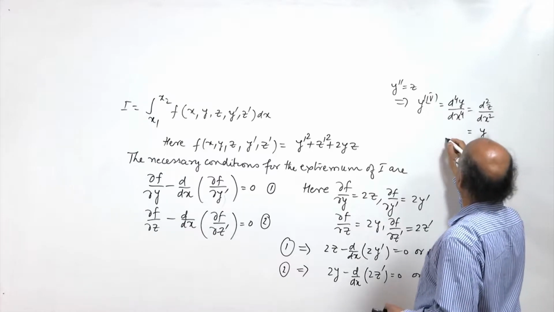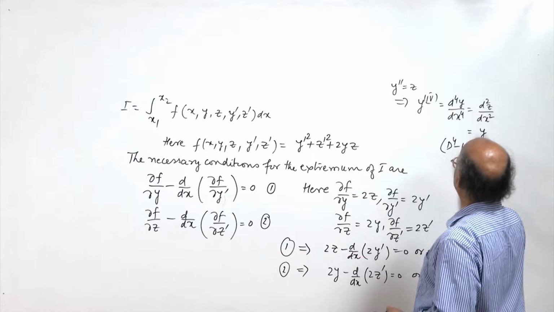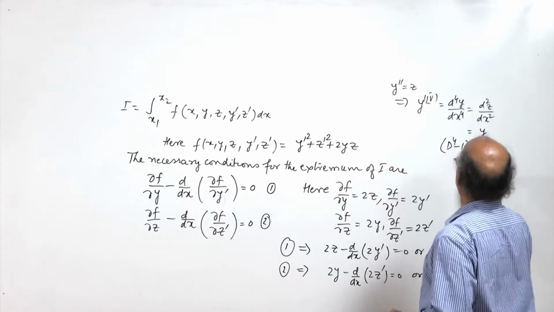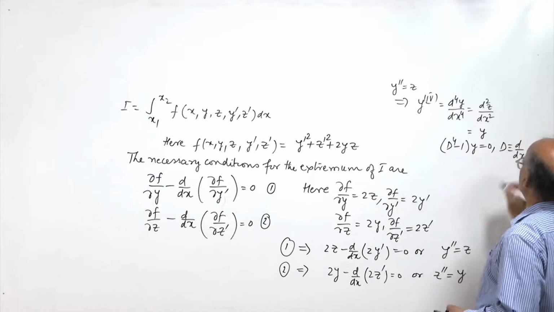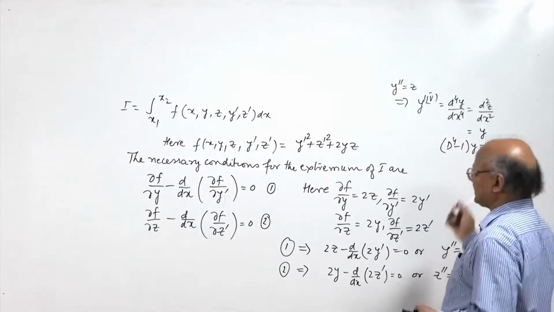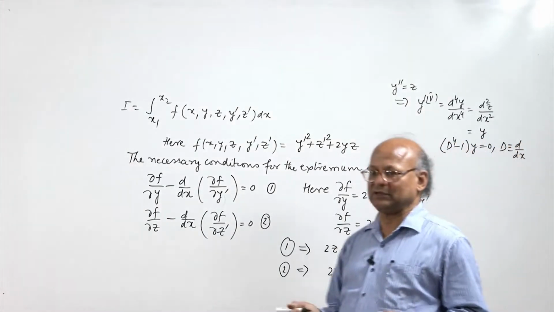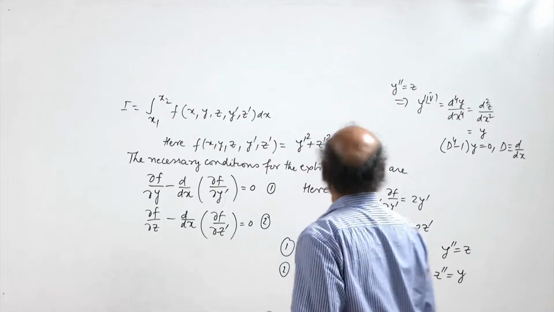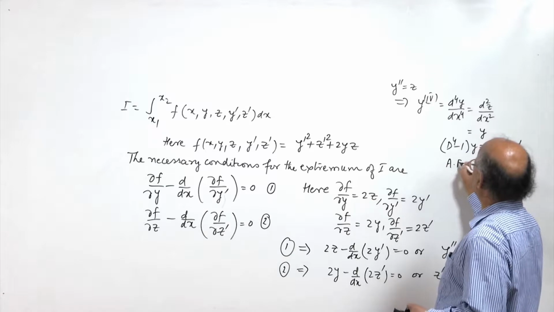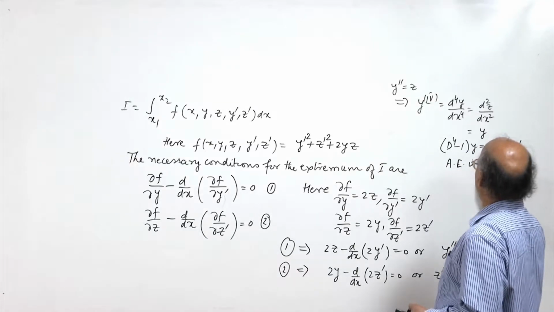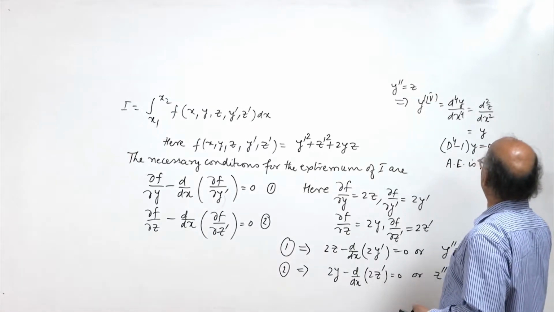So we get (D4 minus 1) y equal to 0, where D is d over dx. Now this is a fourth order linear differential equation where the coefficients are constant. So the auxiliary equation is m4 minus 1 equal to 0.